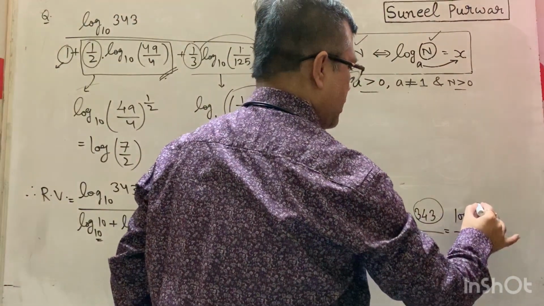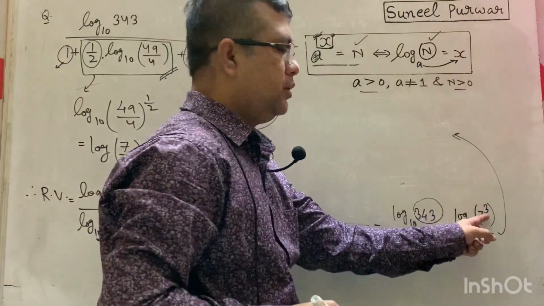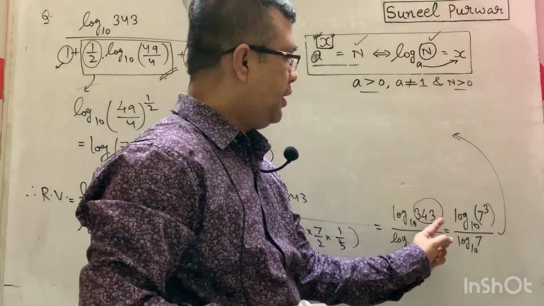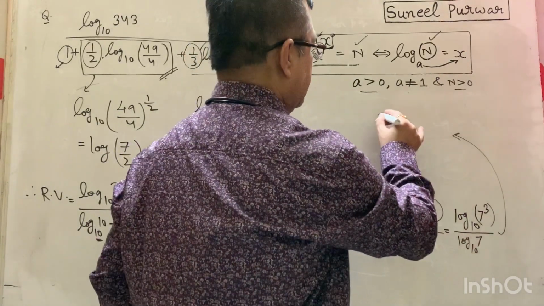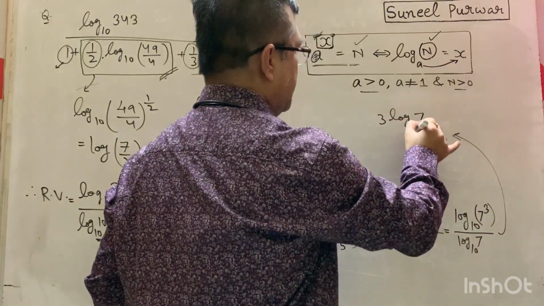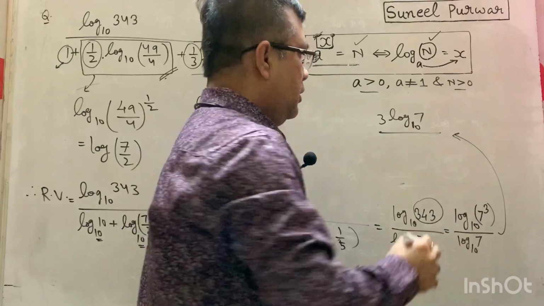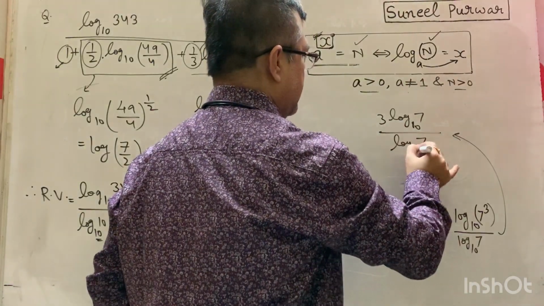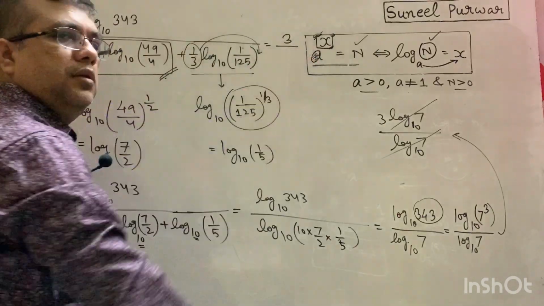Can you see? Log of 7 cube can be written as what? This exponent 3 will fly out, and will make it 3 times log of 7 to the base 10. Denominator is also having log of 7 to the base 10. These two numbers get cancelled and you get your required value, which is 3.